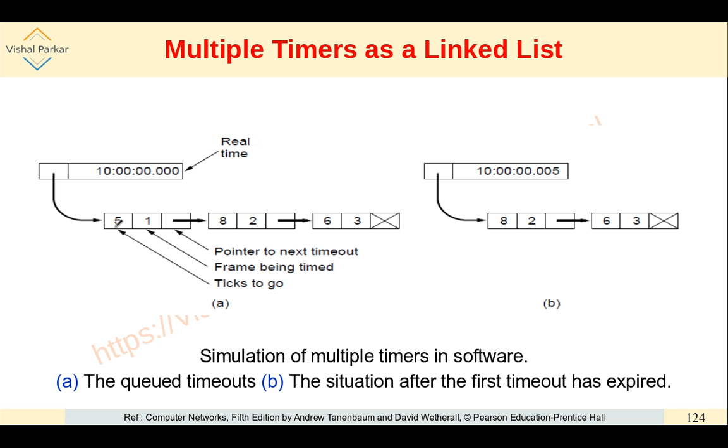The first node indicates the ticks to go are 5. 1 is the sequence number of the frame for which the timer has been started, and the third field is the pointer to the next node, and so on.